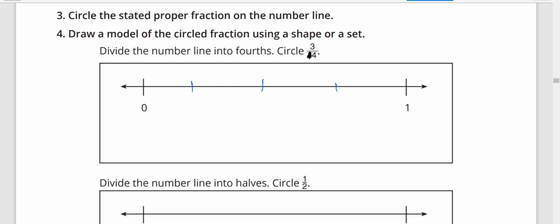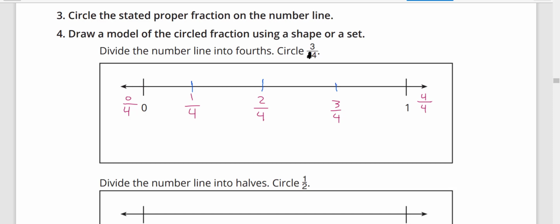So, first mark 0 fourths and 1 fourth, 2 fourths, 3 fourths and 4 fourths. Okay?